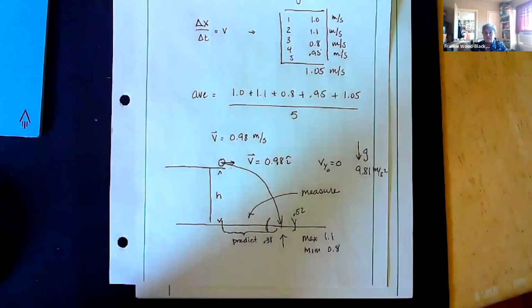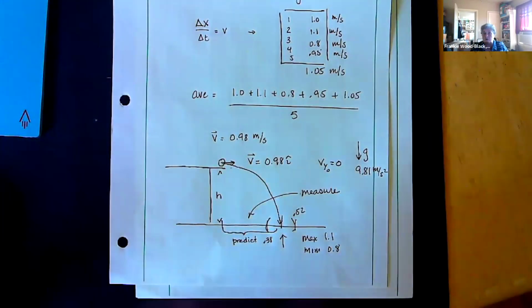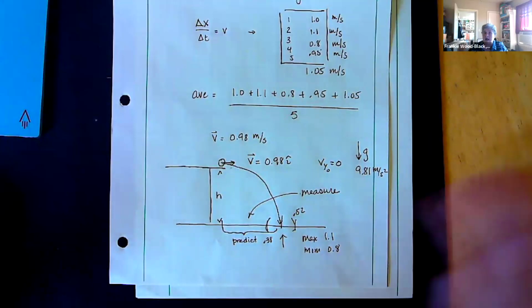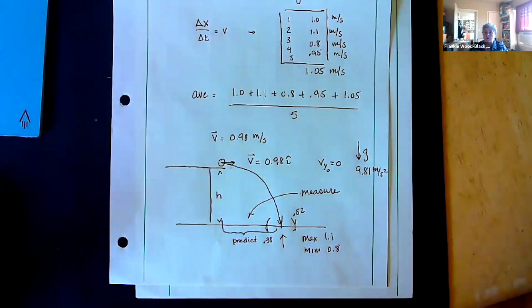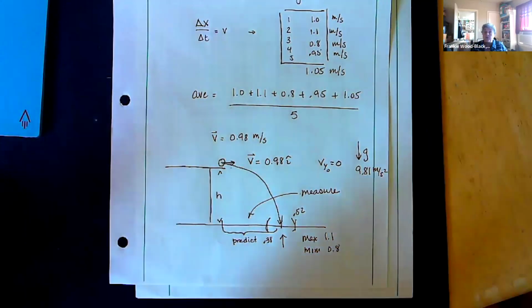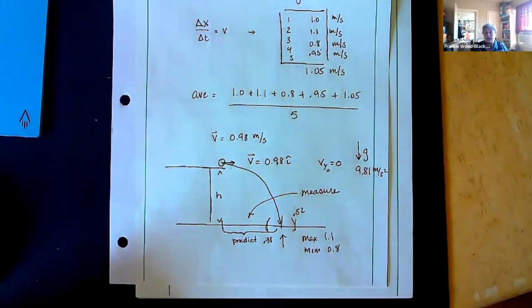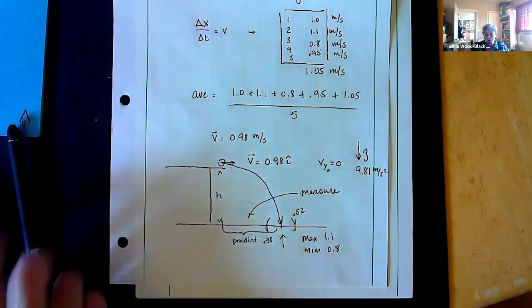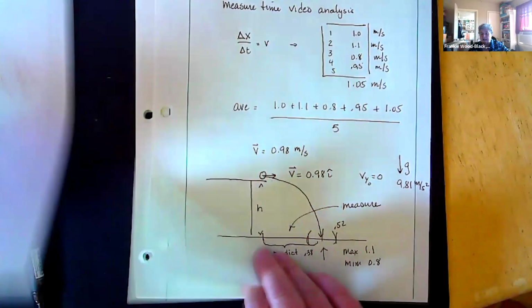Particularly since in this experiment we're rolling the ball down a ramp and allowing it to go off the edge of the table, being absolutely consistent between each one of those measurements is going to be a little difficult. So you will be able to do a little bit of an error analysis in this experiment. So hopefully that explains that projectile motion experiment.